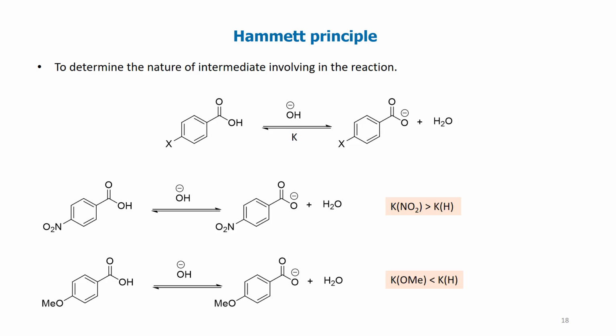When he performed the reaction with simple benzoic acid, he got the reaction constant KH. Now he performed the reaction with para-nitrobenzoic acid, and in that case he got a reaction constant of KNO2.